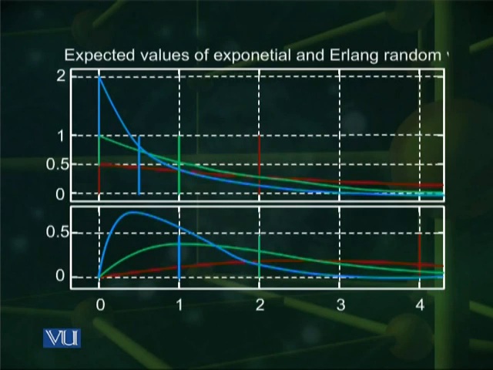Similarly, if you compare this blue distribution with the red distribution, which has a lambda of 0.5, you will see that the red distribution does not have a lot of concentrated weight towards the origin.